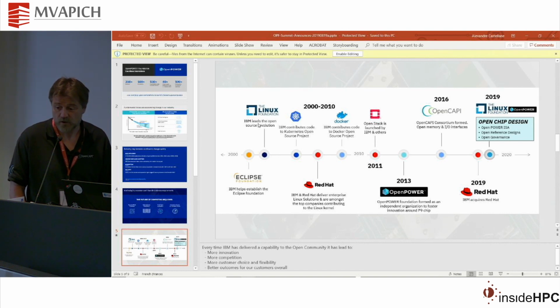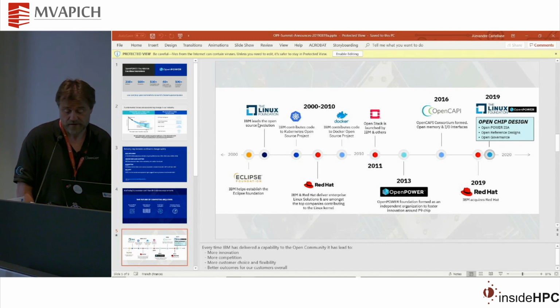The fact that we have established OpenPOWER with a desire to push the Power architecture as being a future unavoidable, very powerful architecture for HPC. The fact that we have created OpenCAPI based on the CAPI 1 and CAPI 2, as we will see in the next presentation. The fact that IBM has acquired Red Hat very recently, and they have announced yesterday that they would open the design, they will enter the open chip design area by opening the instruction set for the OpenPOWER, like for Power 9 currently.